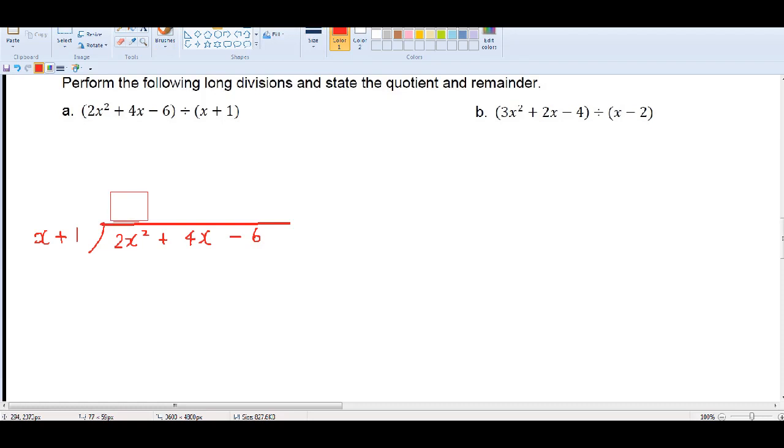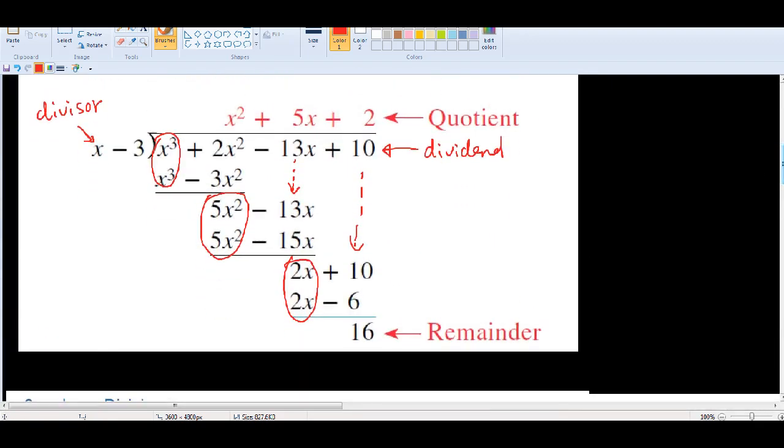What should be here? The first box. The thing in this first box is the leading term for the quotient. How could we find that? Remember that for long division, every time you need to cancel the leading term.